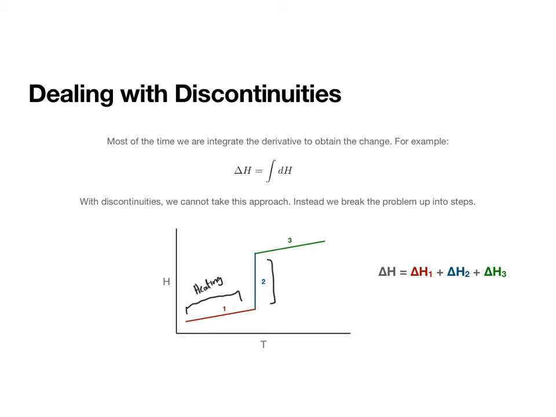At step 2, we have a phase change. And then step 3 is another heating step. And what we can do is we can work with each of these individually and then add them up, because delta H is going to be a state function. And so it doesn't matter that we take this apart into different steps. We can still get from the beginning to the end, because the route that we take doesn't matter.